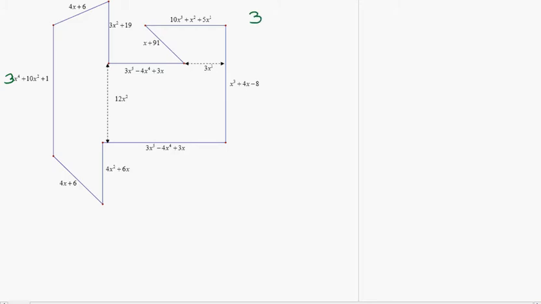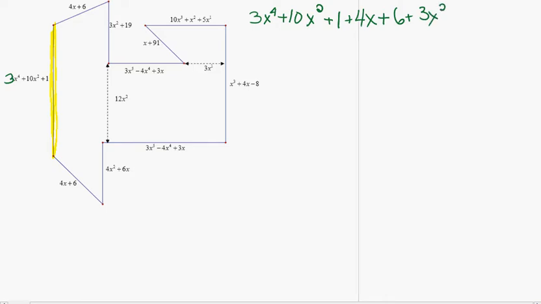I'm going to take this left segment first, and keep track of which ones I've already used so I don't accidentally reuse them. So 3x to the 4th plus 10x squared plus 1. Some of you might be looking at this like, do I really have to add all these up? Well, yeah, you do. You need to figure out this perimeter, and so I'm going to do it along with you.